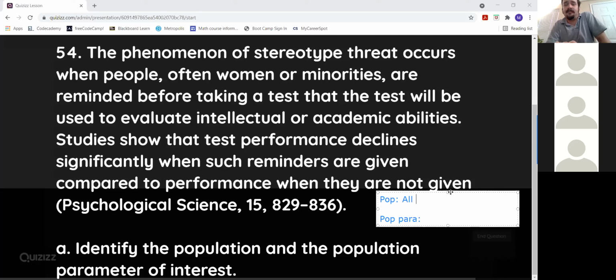People who are stereotyped. So they're talking about women and minorities, basically, right? The population parameter would be what?